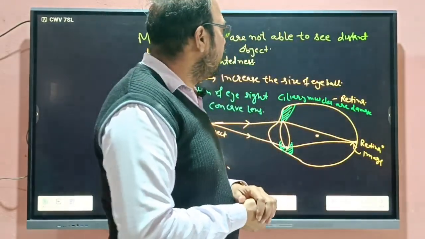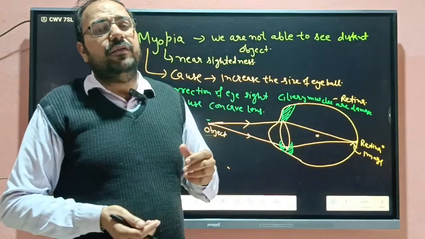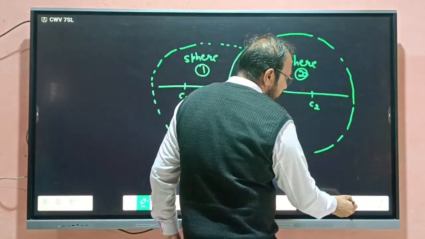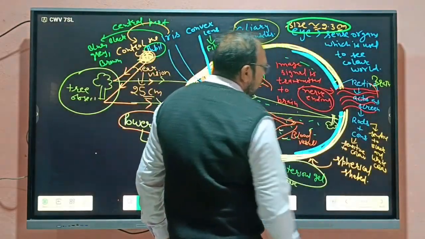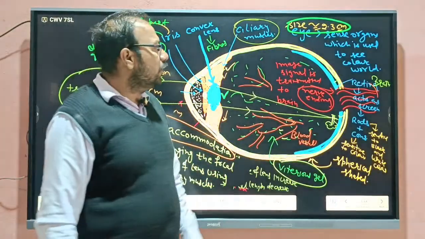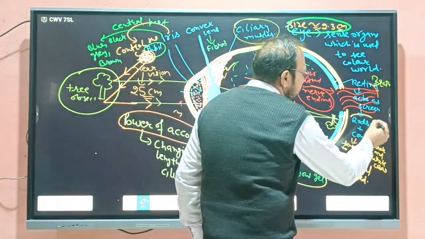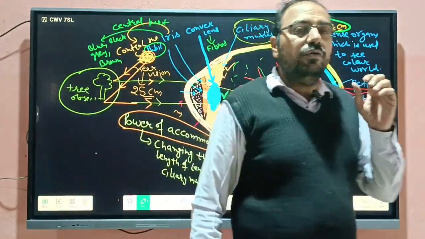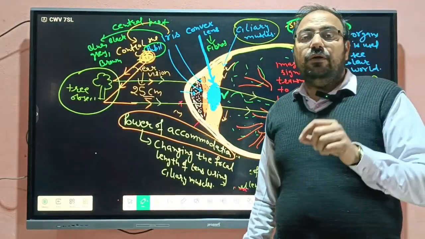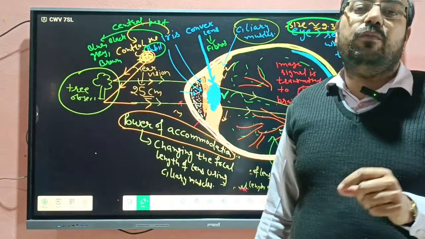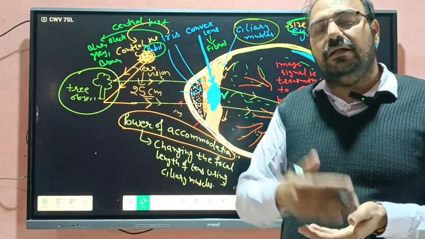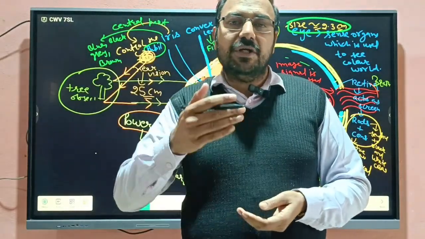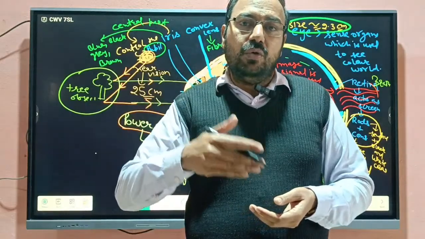Okay, and sometimes another defect appears, known as night blindness. Night blindness is related to rods and cones. We already know that we see objects only with the help of the retina. Sometimes on the retina, rods or cones are not connected with the nerve endings. That junction causes night blindness.